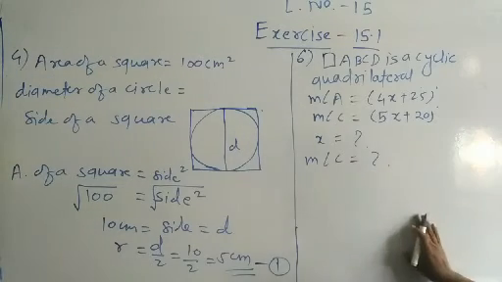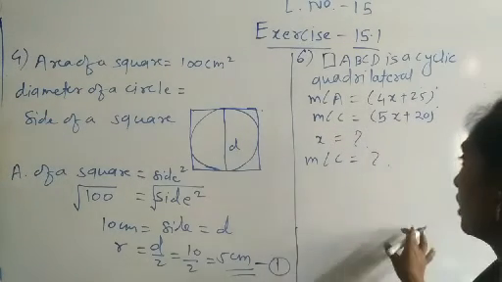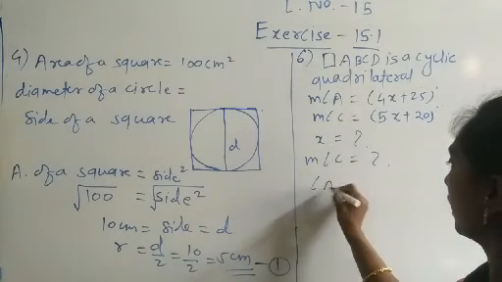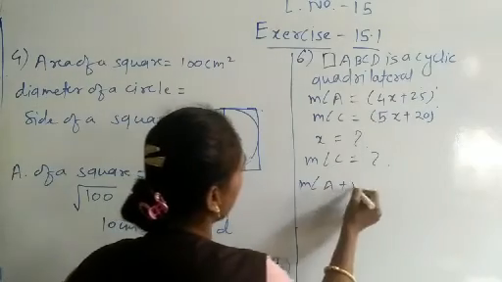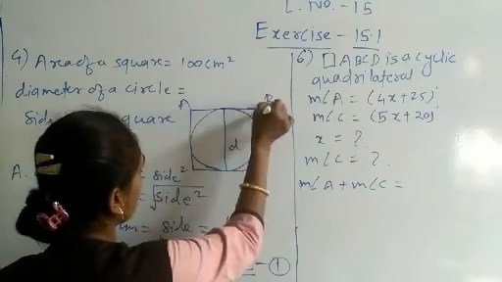Look at here, in a cyclic quadrilateral, you know very well the sum of opposite angles. So angle A plus angle C, because these are opposite, as you can see in this figure also.